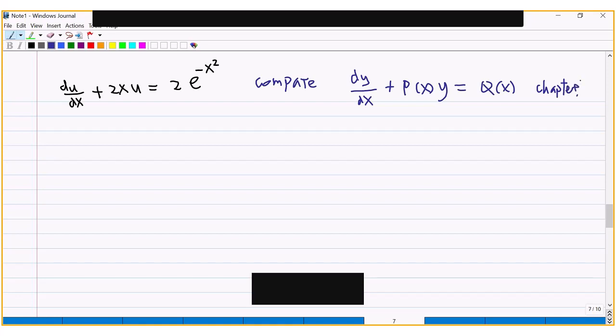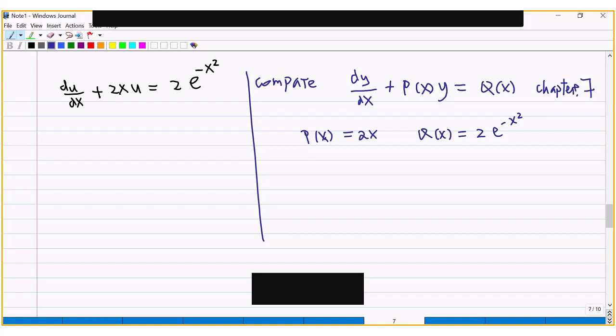So how do you compare now? What is p(x)? From here I know p(x) is equal to 2x. Your y becomes u now, you're solving for u. p(x) equal to 2x and q(x) is equal to 2e power negative x squared.